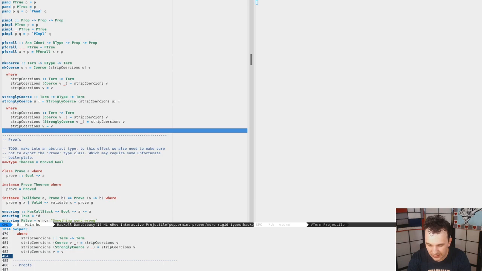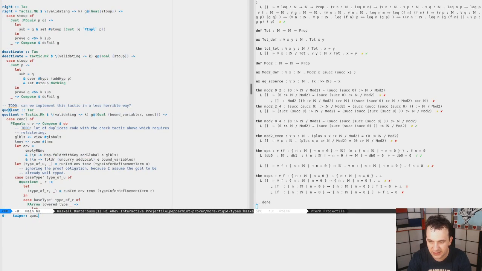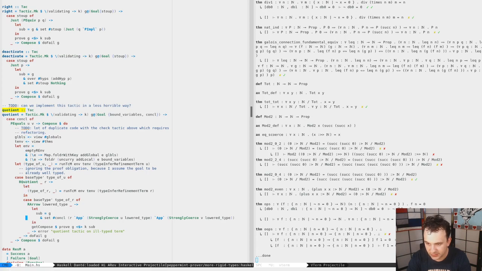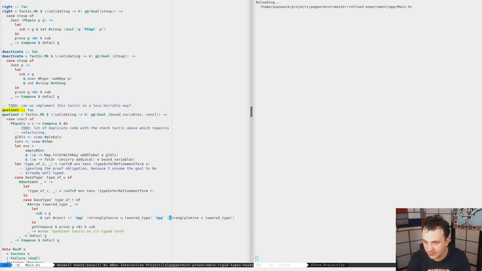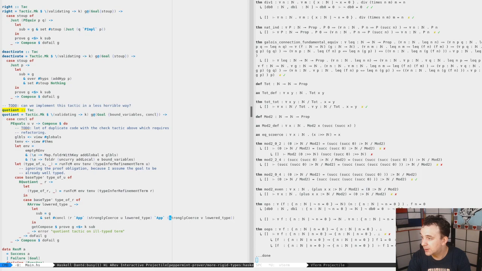Then I can look at the quotient tactic. And here, instead of strongly coerce, I can use this small strongly coerce and boom. I hope. Here. That is much better, eh?